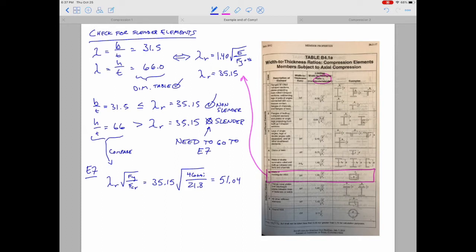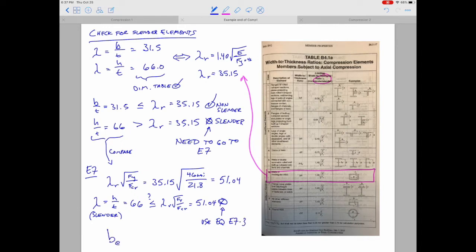So I'm comparing now my lambda, which was h over t. This is the only one, right? This is the only one that was slender. It's 66. And now I'm saying, is it less than this lambda r square root Fy over F critical? Well, I just found it's 51.04. So no. That means, right, it's not that it fails, but it means that I need to use equation E7-3.